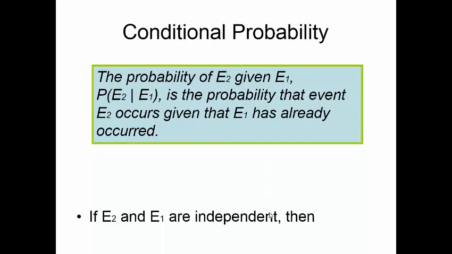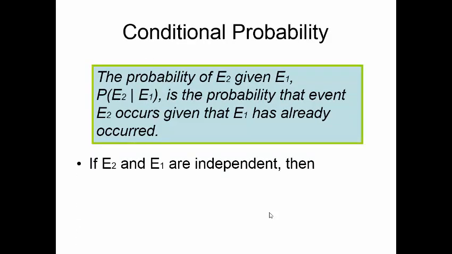How about the conditional probability? The conditional probability is defined as the probability of event E2 given that event E1 has happened, and is written like this.